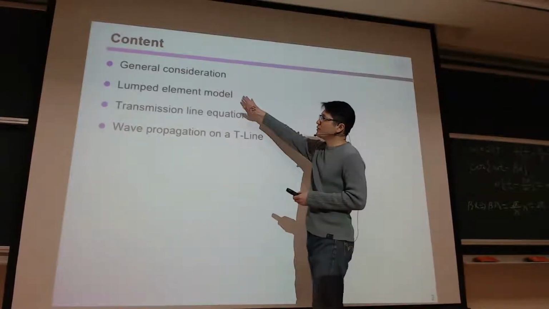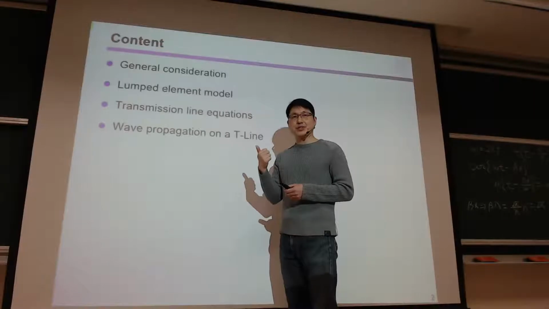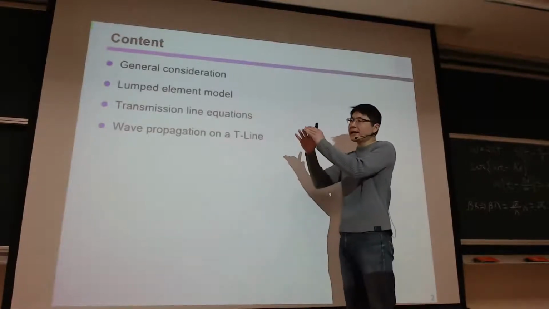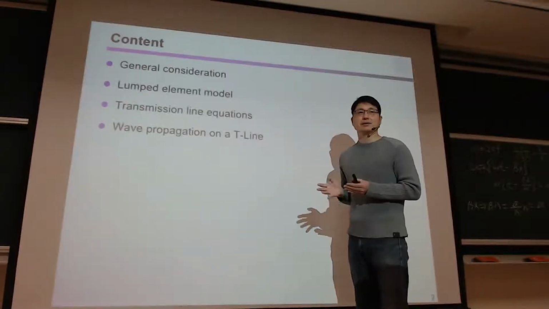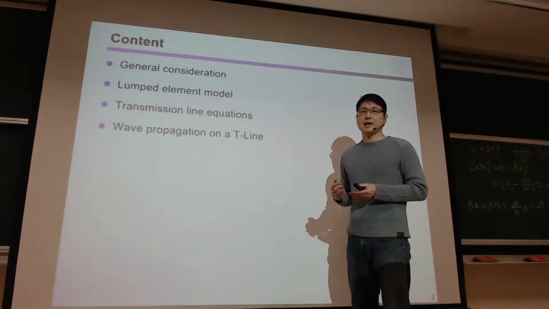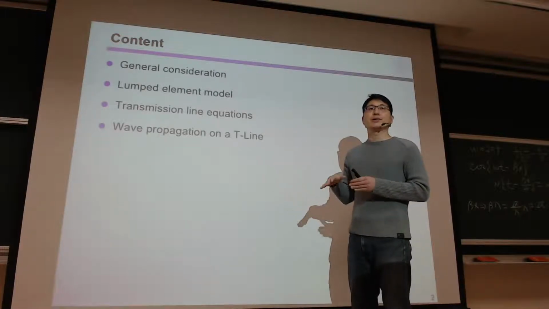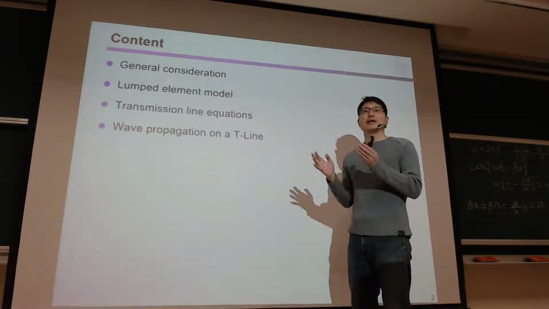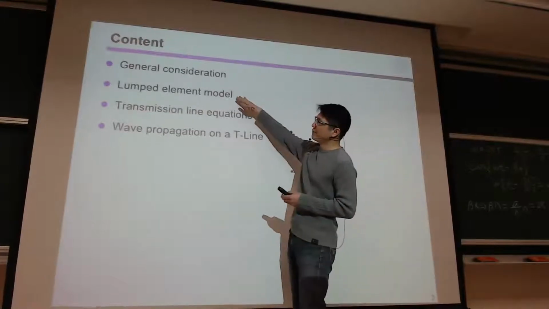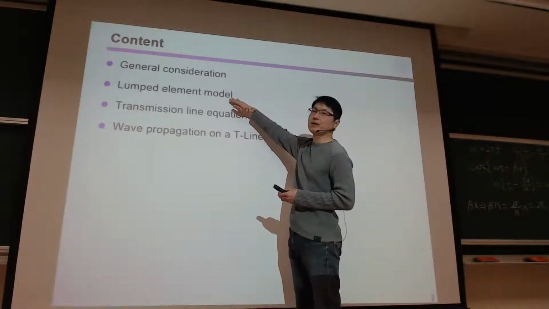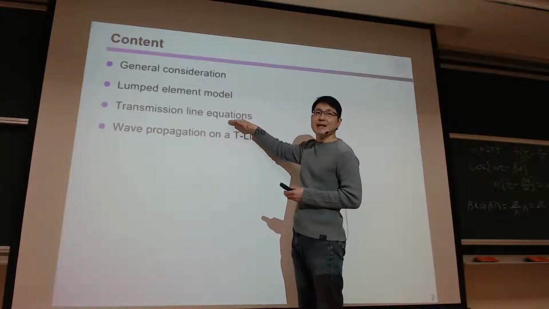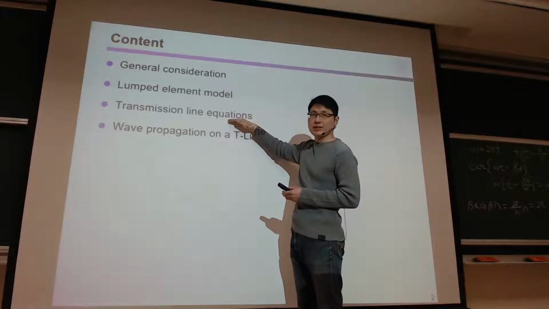And then, starting from something you know already, resistors, capacitors, inductors, we can construct a model for transmission line, which might be seemingly difficult now, but after you understand it, you can mathematically formulate it and solve it. You can solve everything. So eventually, after we have the so-called lumped element model, then we can derive an equation set called the transmission line equations.